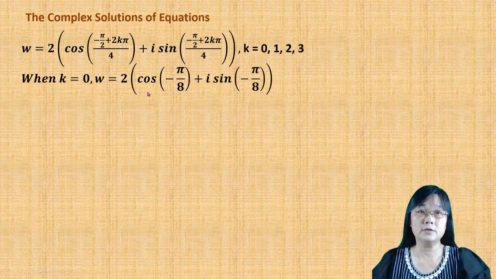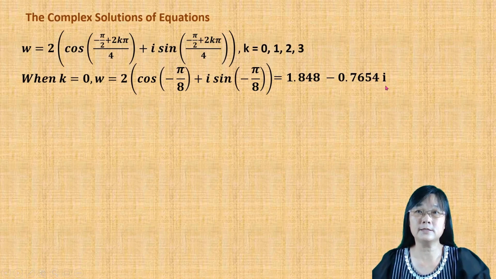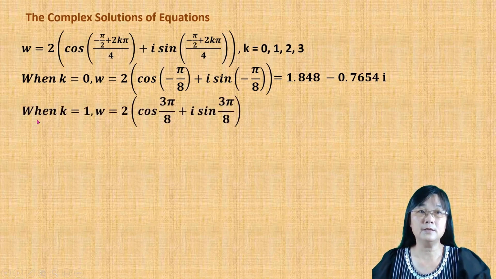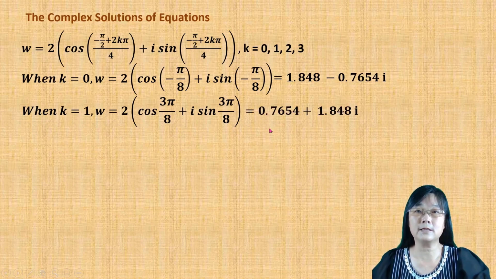Then we need to change the answer back into Cartesian form. We press the calculator, and now we get the answer in Cartesian form for the first root. Then when k is equal to 1, the argument is 3 pi over 8, and when we press the calculator, the second root is this one.